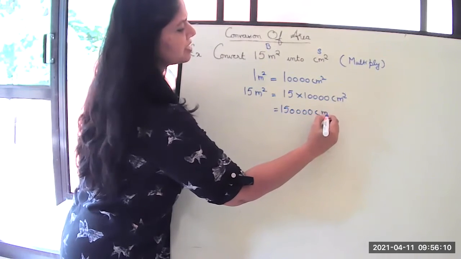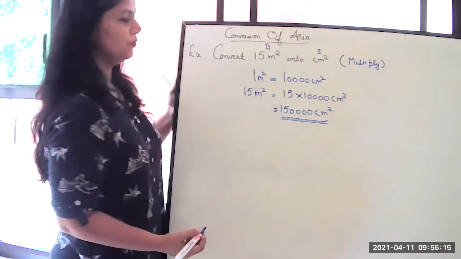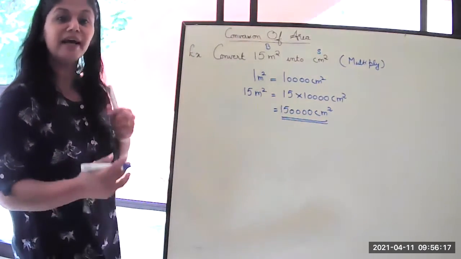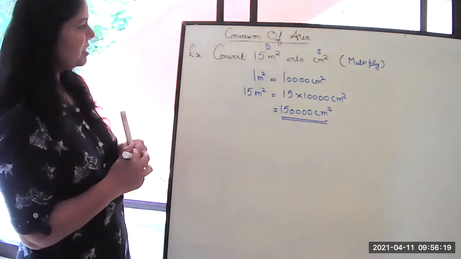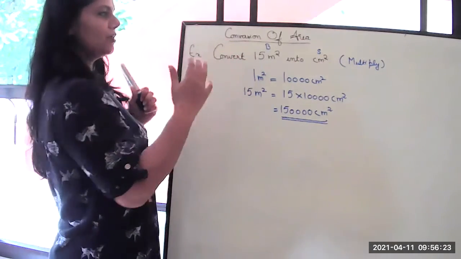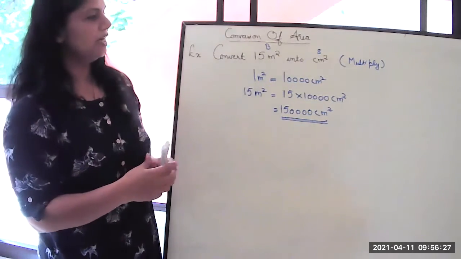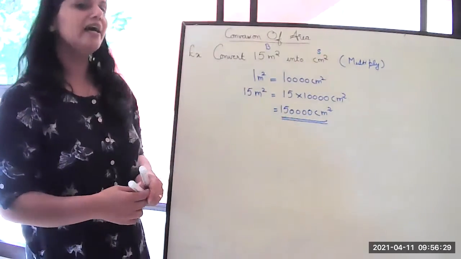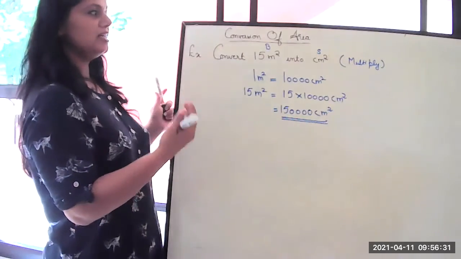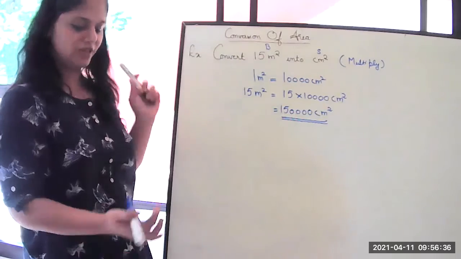And the unit is centimeter square. So it is similar to the last class problems. The basic idea in conversion is, when we are converting a bigger unit to a smaller one, we should multiply, and when it is from a smaller unit to a bigger unit, we have to divide.